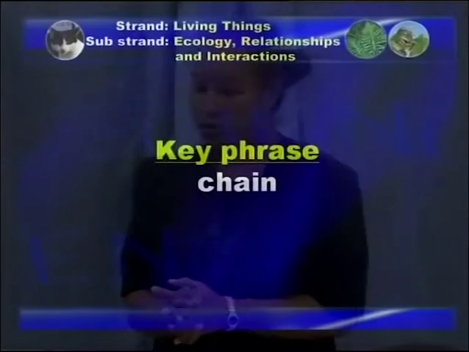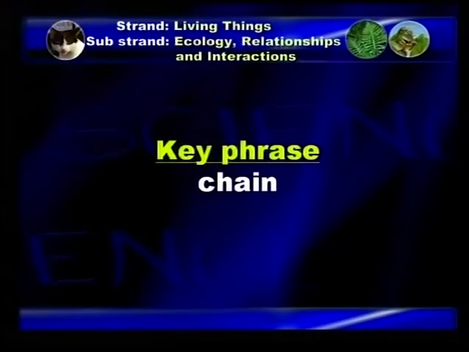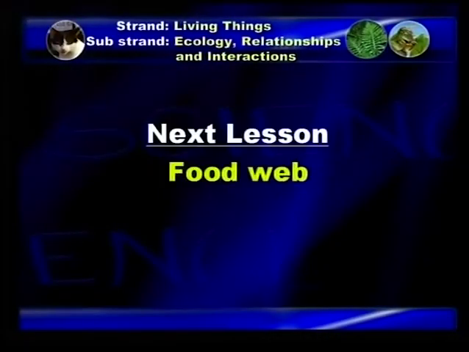In a grassland environment, the food chain is different from the sea or the river environment. Now let's have a look at our key word for today, which is chain, and our next lesson will be on food web. With that, thank you class for participating.